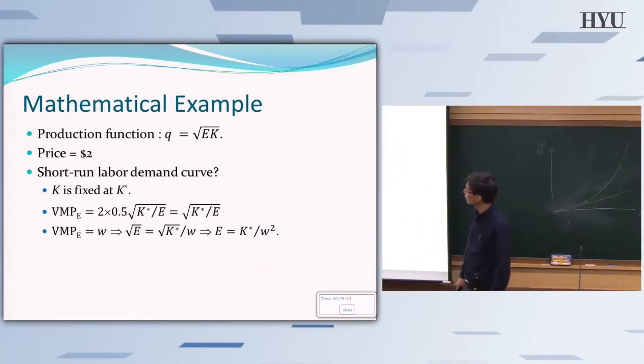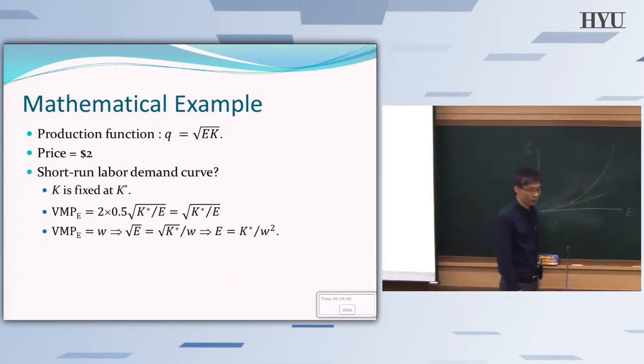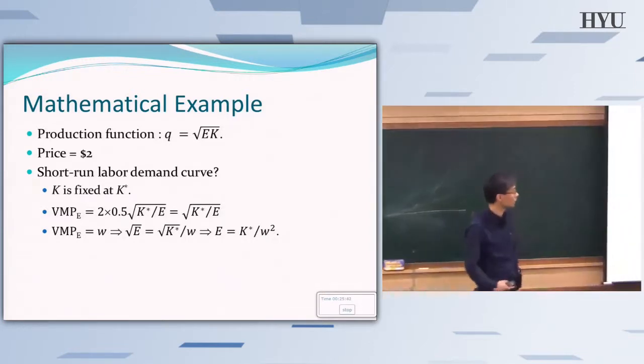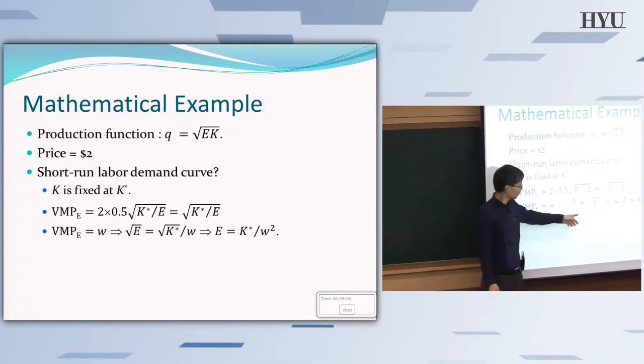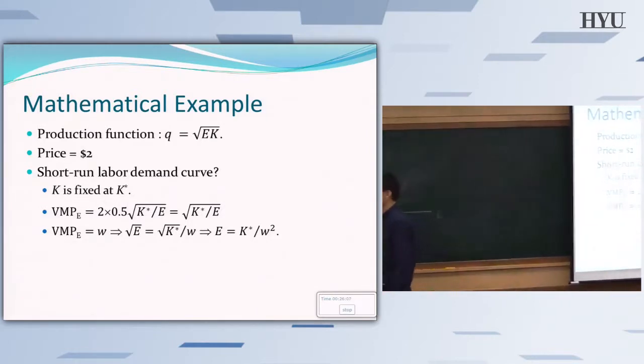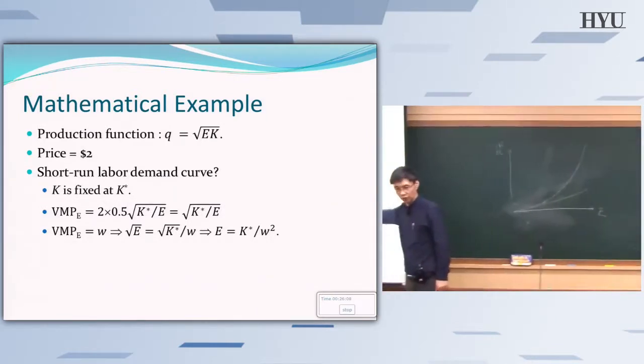So mathematically, the way of doing it is straightforward, given that the production function is normal looking. You find the marginal product of labor equation, okay? And given the price, P times MPE equals W, and then you write everything so that E goes to the left side, and everything else goes to the right hand side. Then you get the short-term labor demand equation.